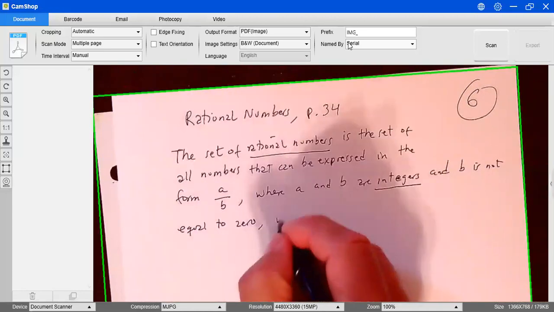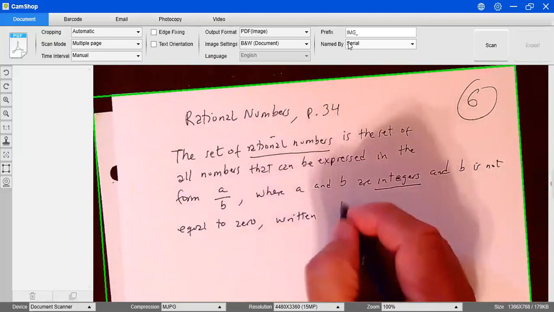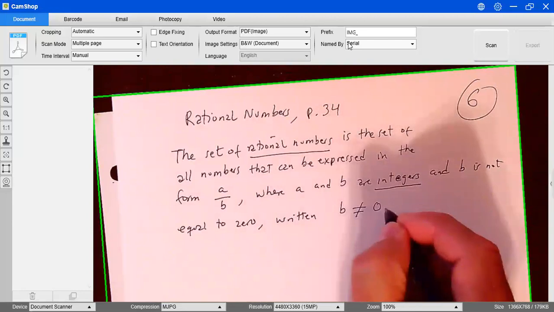So we write this in this way: B is different than 0.